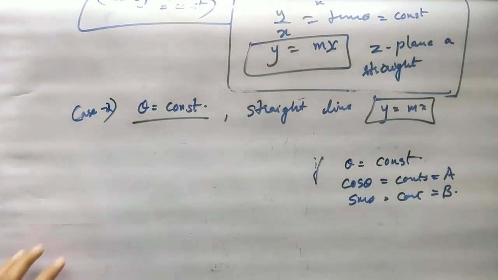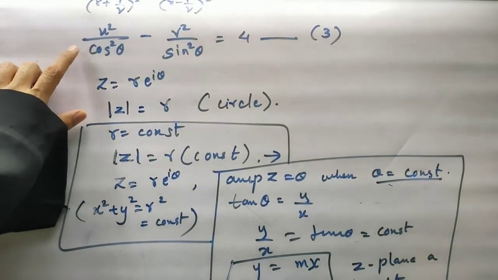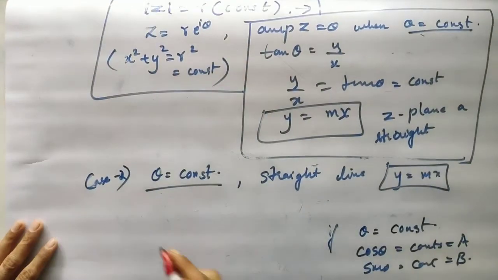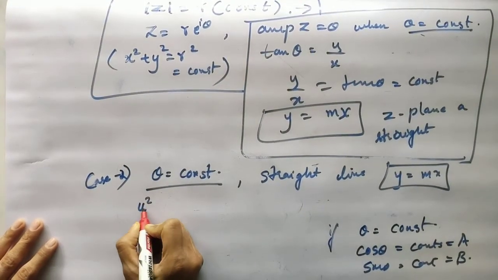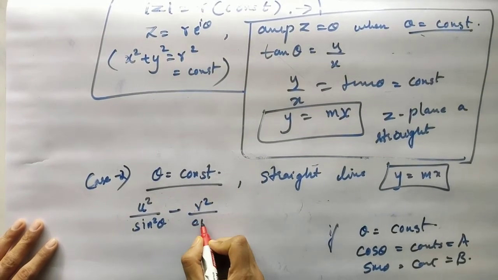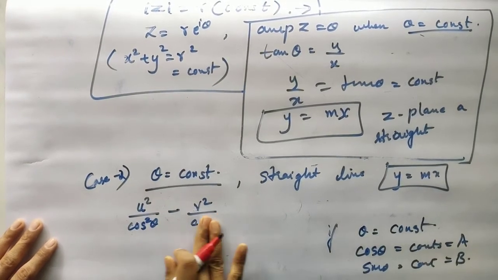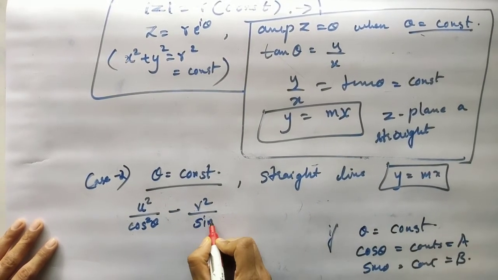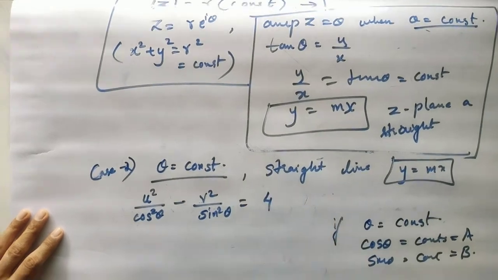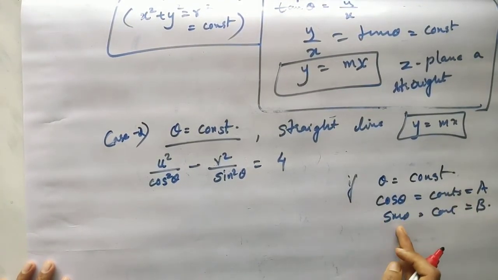So we have an equation relating theta. We have no r in that equation, so let us consider that. You have u square by cos square theta minus v square by sin square theta is equal to 4. Now the same equation I can write because a and b are constant, so cos theta and sin theta are constants.